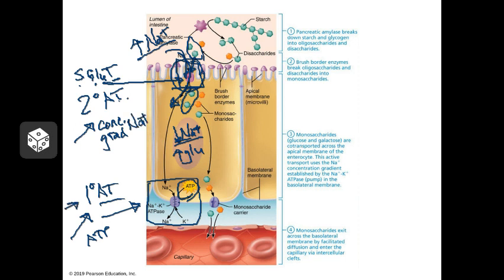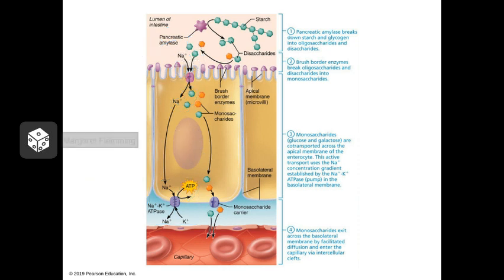Let's look a little bit further at this. So, sticking with the apical side of these cells, let me add one more thing. And that is that if our orange monosaccharide here is fructose, fructose has its own carrier protein.